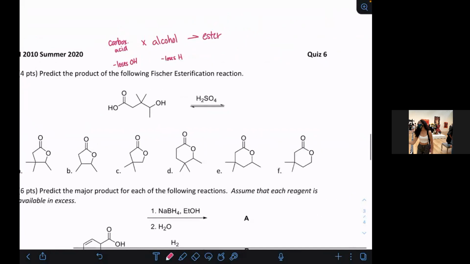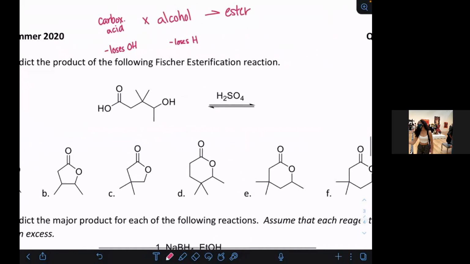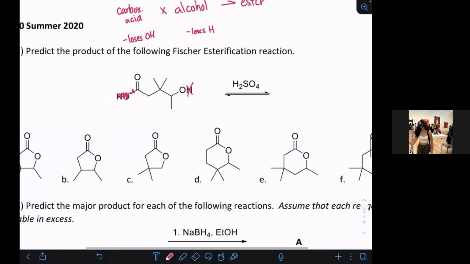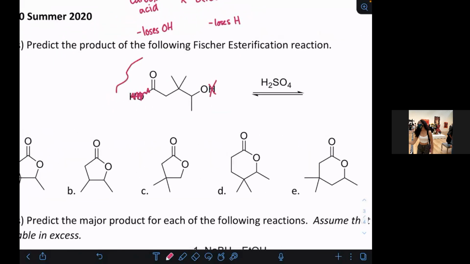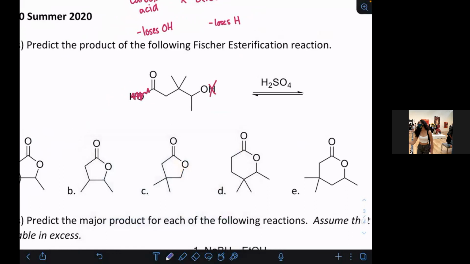So for this one, predict the product. Let's see. So we would lose this, and then also this one. And then when they're on the same structure, it reacts with itself to form a cyclic structure.